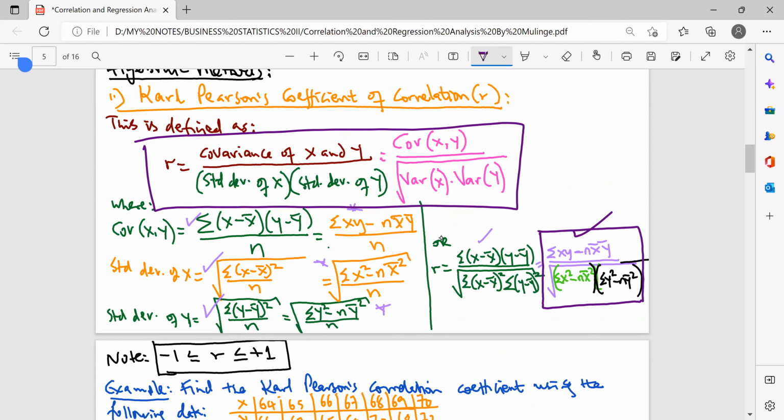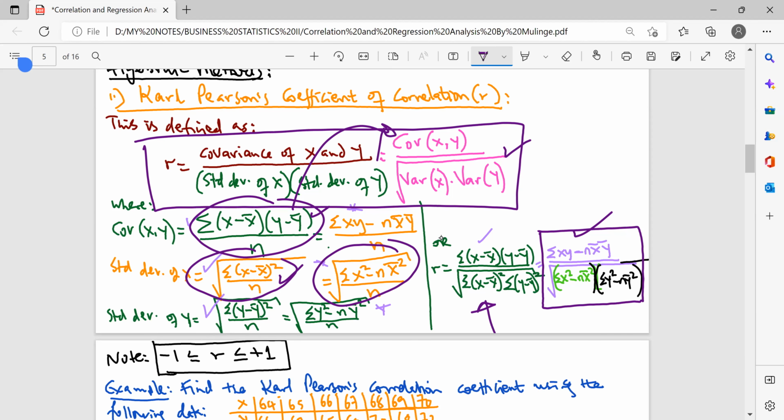If you look at this item here, then you have this item, and this. If you work with these three items, and plug them into this formula here, you will end up with this formula.